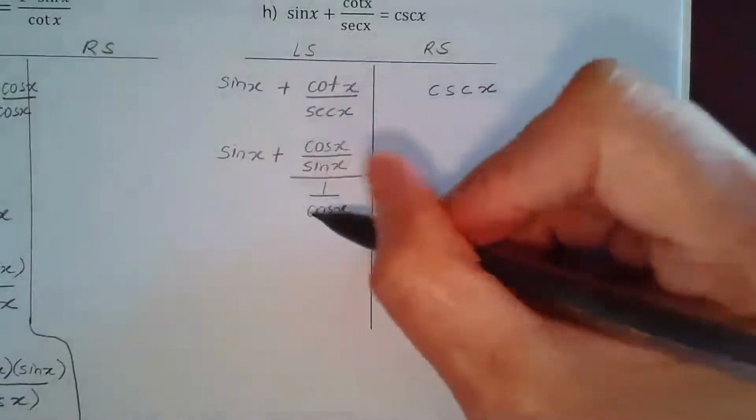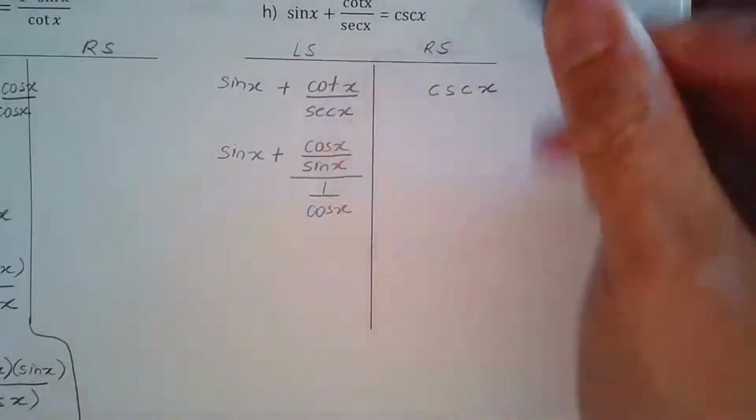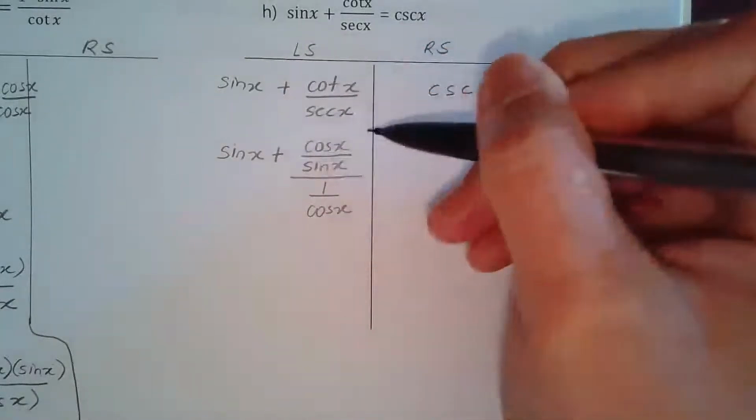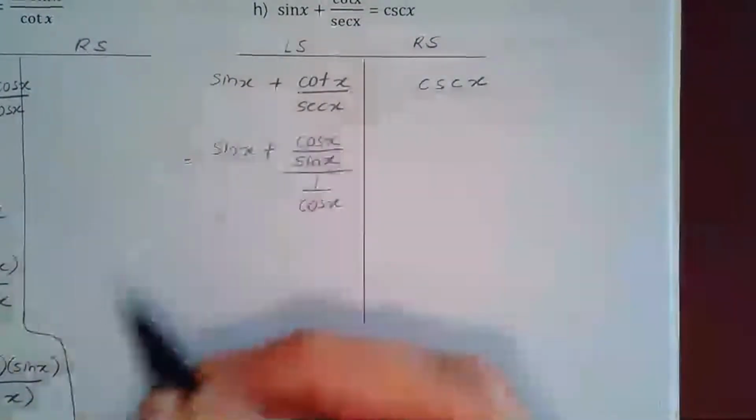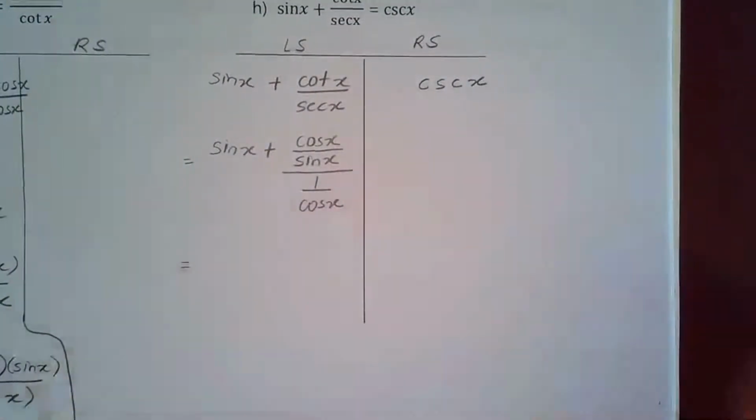Already here we've gotten a complex fraction because the fraction has a fraction in it. So let's see if we can simplify that.